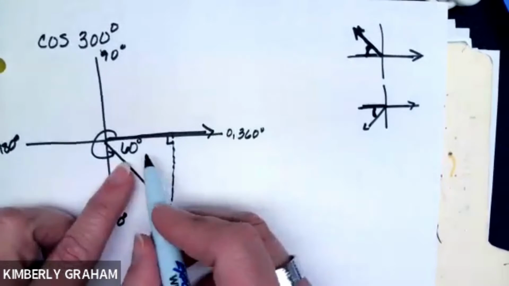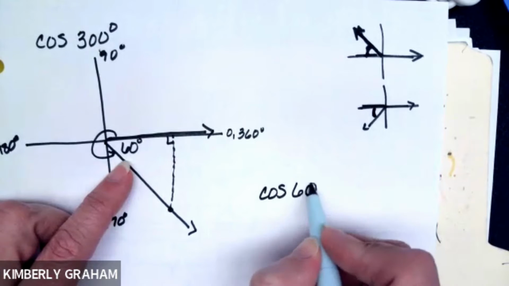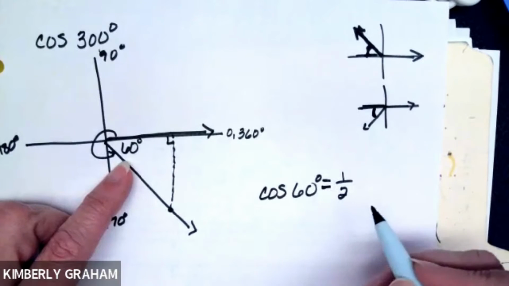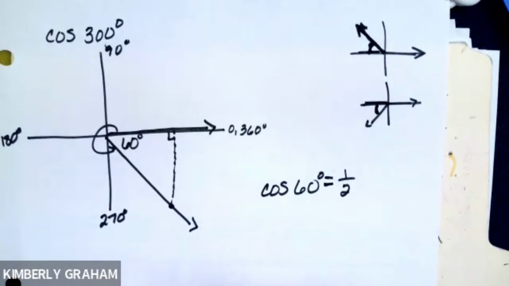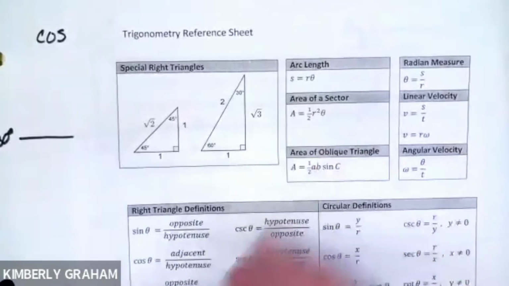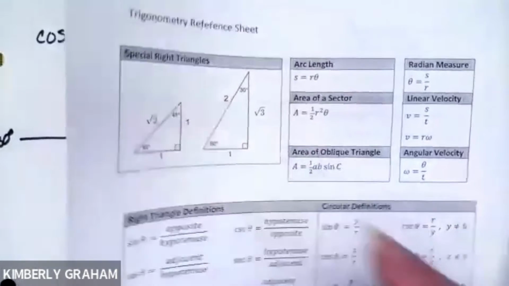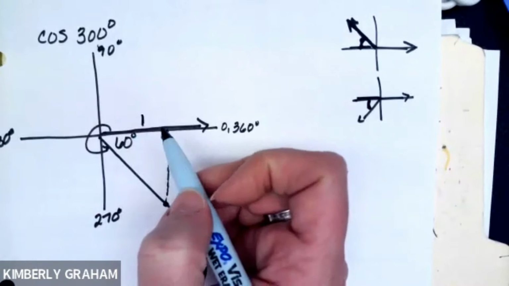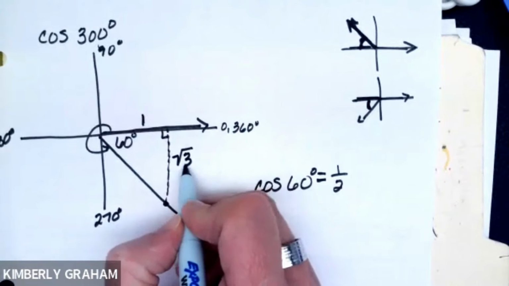So this 60-degree angle here is going to have the cosine of 1/2. I know the ratios here based on this information. The side that is adjacent to the 60-degree angle is 1, and the side that is opposite the 60-degree angle is the square root of 3.